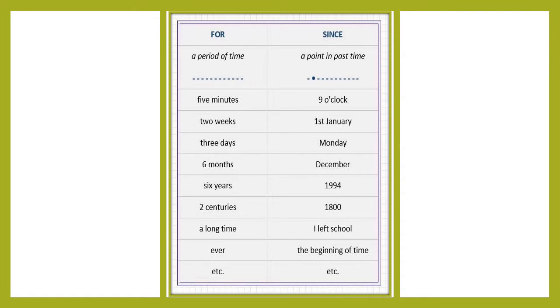For example, 5 minutes, 2 weeks, 3 days, 6 months, 6 years, 2 centuries, a long time, ever, etc. And since we use with a point in past time. For example, 9 o'clock, 1st January, Monday, December 1994, 1800, I left school, the beginning of time, etc.